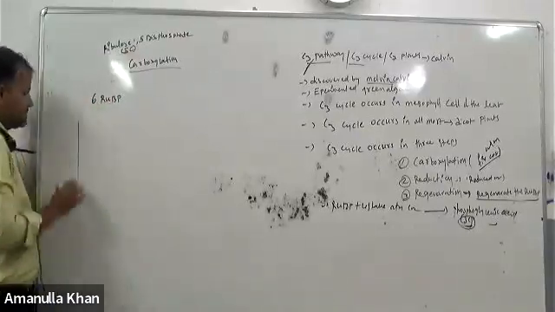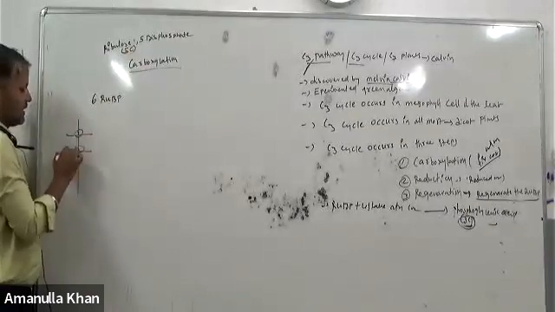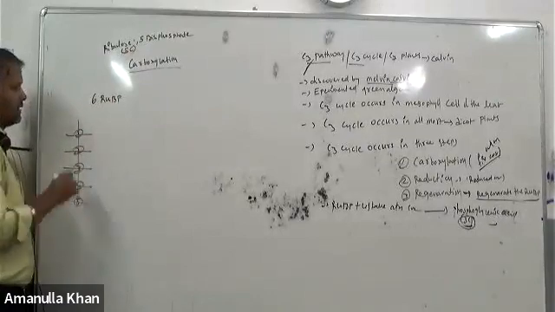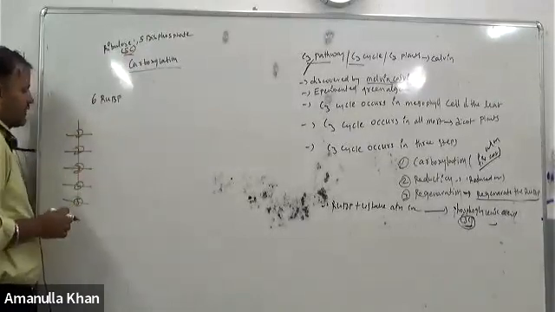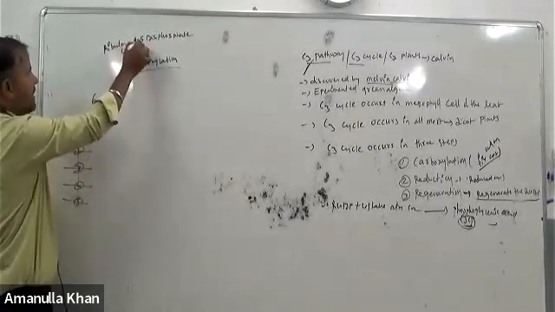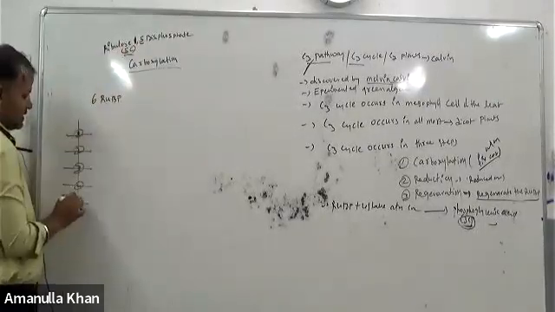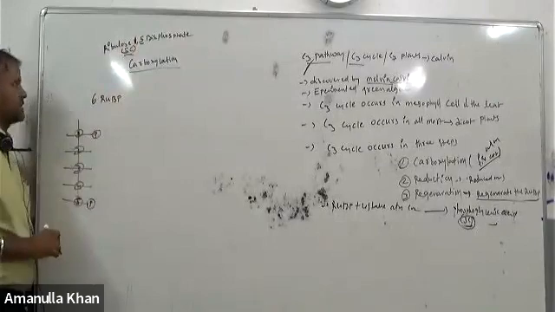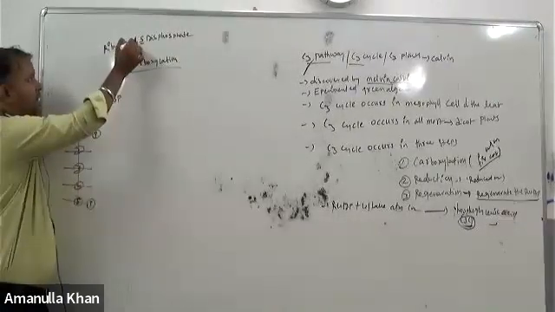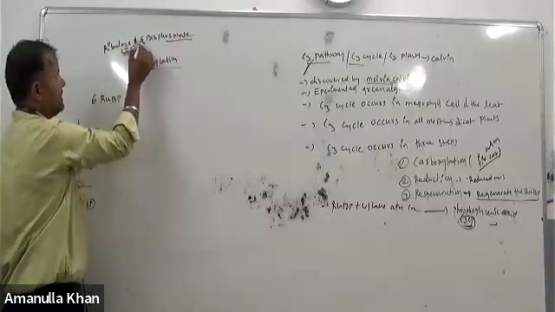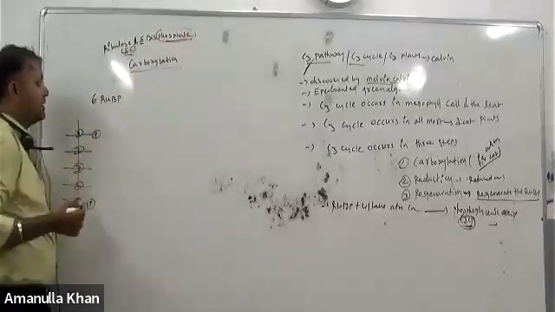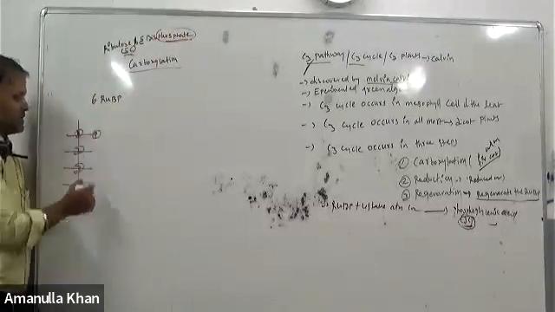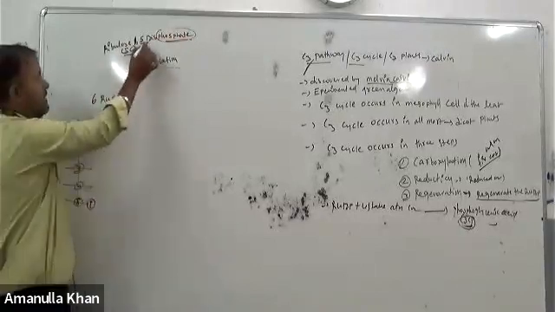These are the first carbon, second carbon, third carbon, fourth carbon, and fifth carbon. Among these, the first carbon and the fifth carbon have a phosphate. The number gives the position of the phosphate. So how many phosphates are there? 2 phosphates. That's why we write bis.